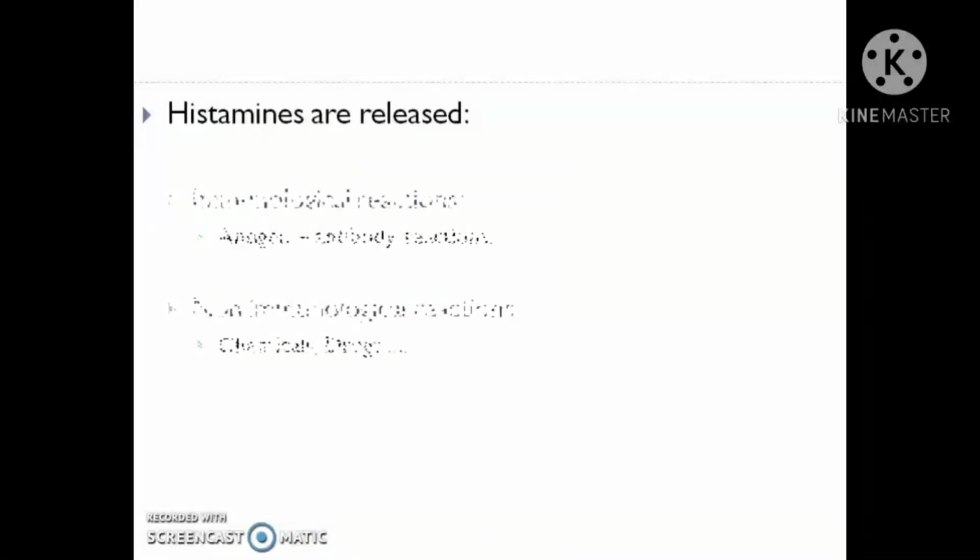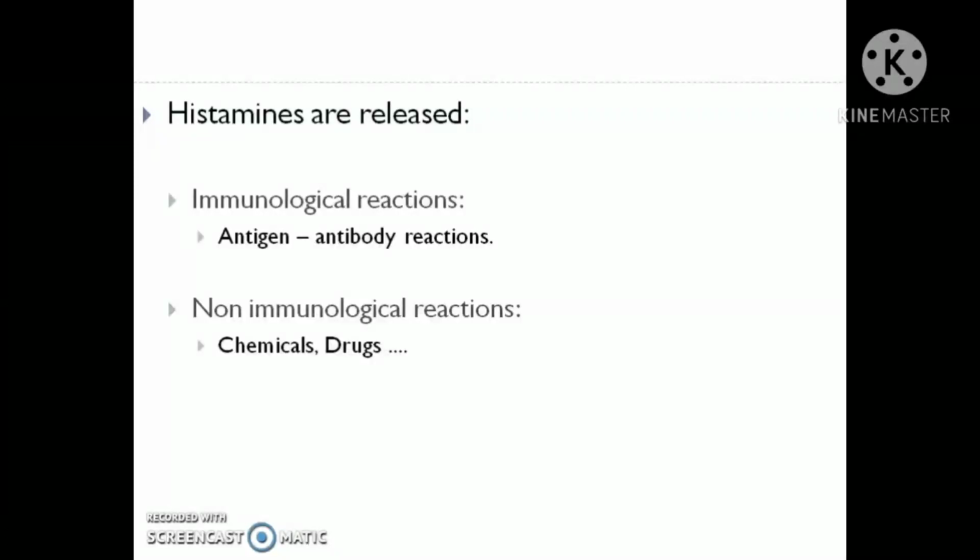The stimuli can be an immunological response that requires an antigen-antibody reaction. Degranulation of histamine storage cells takes place, and along with histamine, certain other inflammatory mediators like prostaglandins, leukotrienes, platelet activating factors are also released.